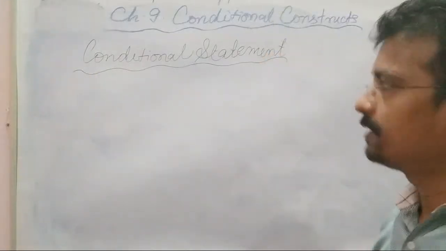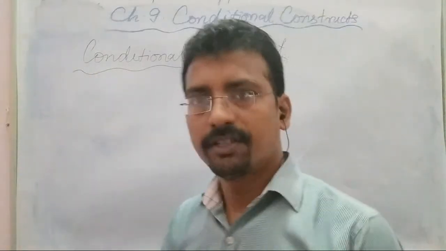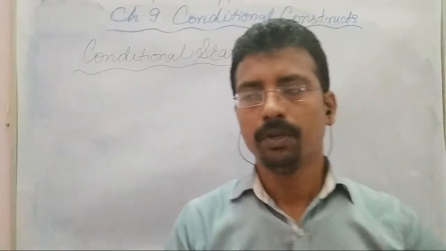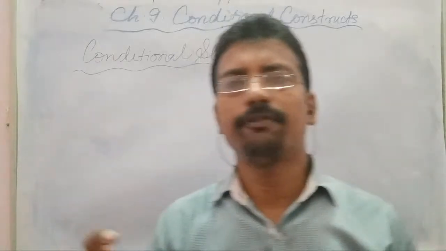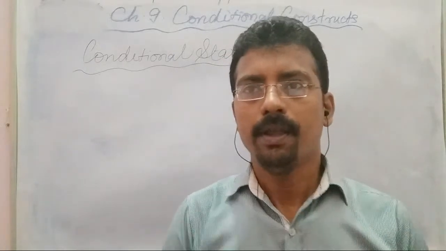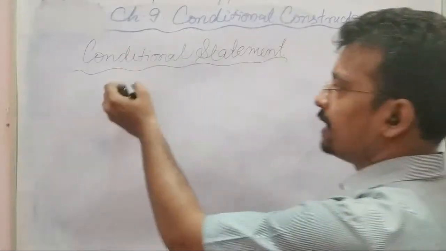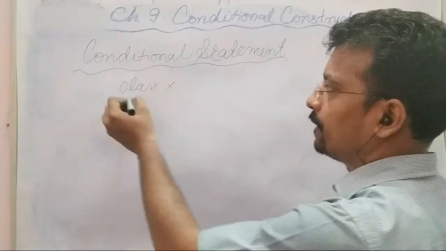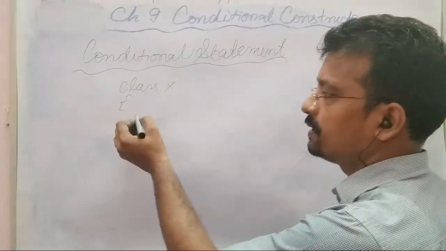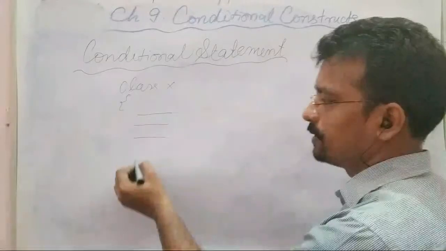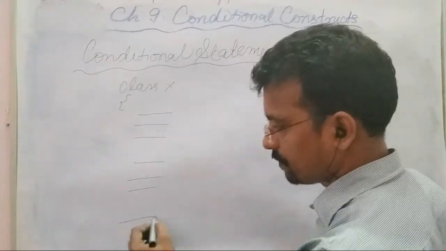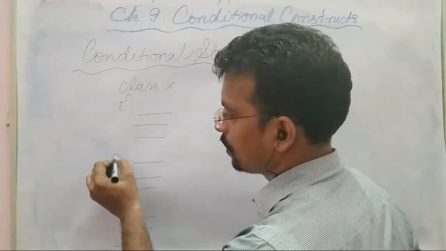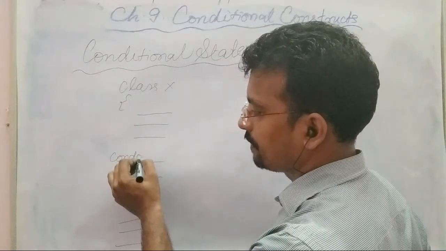Conditional statements are the statements that include some conditions to execute a specified set of statements. Meaning when we are writing a Java program, as I have just shown, in the Java program you will see we have so many statements. These statements are going to be handled by some conditions.